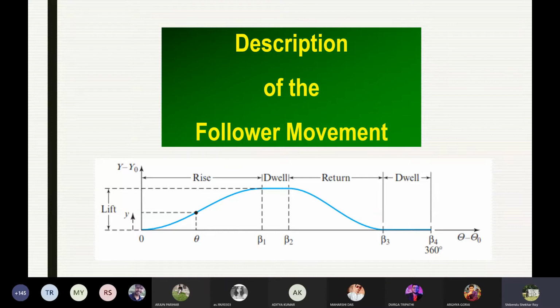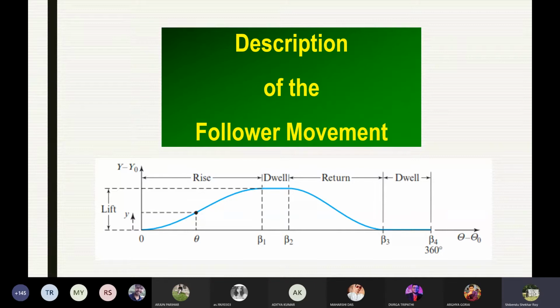For example, valve opening and closing in an IC engine, and there is a time sequence. So the cam follower movement should follow that time sequence and do the intended purpose of valve opening and closing. But the cam will rotate continuously.